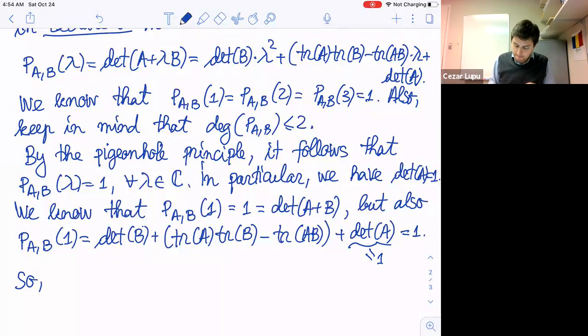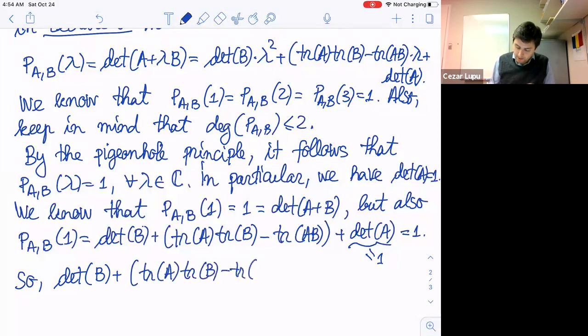So it follows that the determinant of B plus this quantity, trace of A, trace of B, minus trace of AB, is 0. Okay.